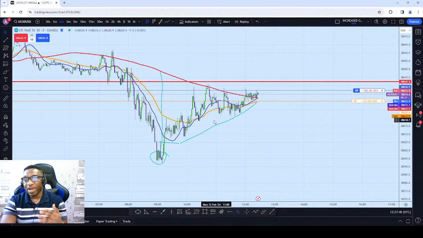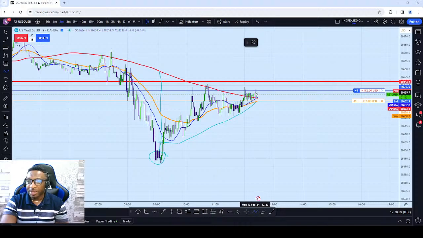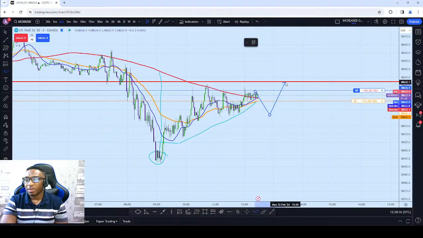We know price is already in an upward trend, so this is a pullback where, if it wants to continue going to the upward side, it could start from here, or it could pull back. This is what could happen: from this level, price could pull back to this low, and then, boom, off it goes.